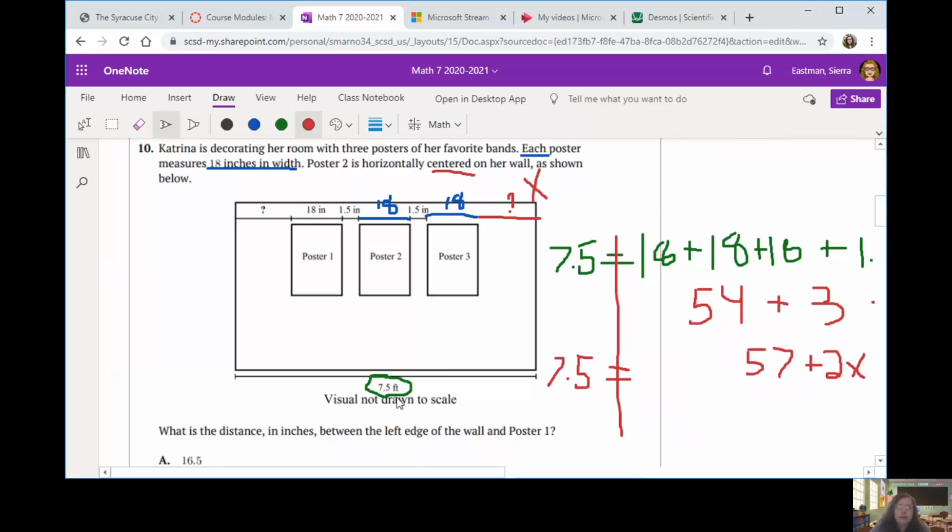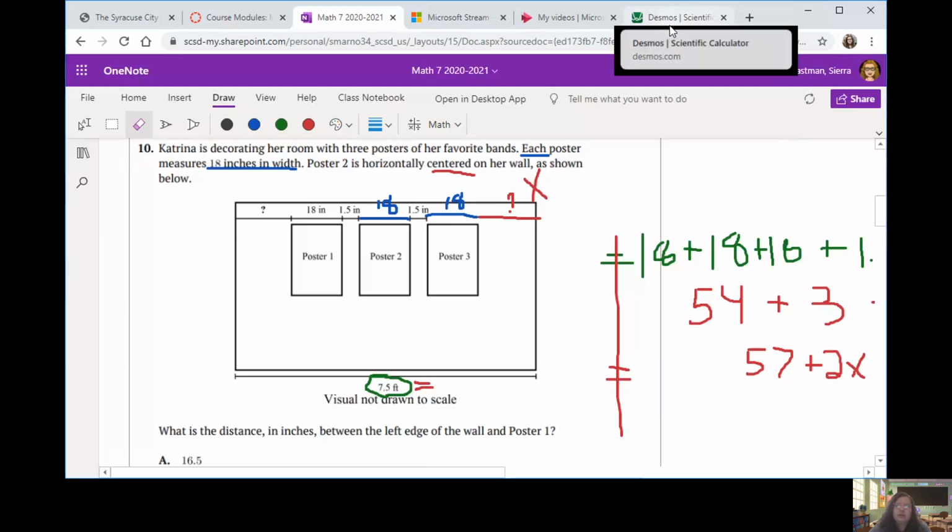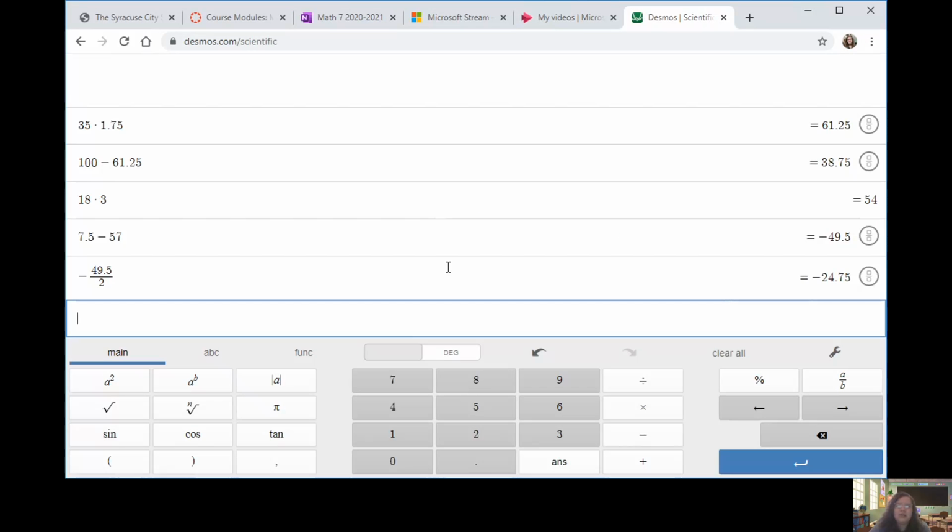But my total down here, that's not written in inches. That says 7.5 feet. I actually need to change that to inches, erase these parts that I started with, and find that new amount. Here's how I change feet to inches.